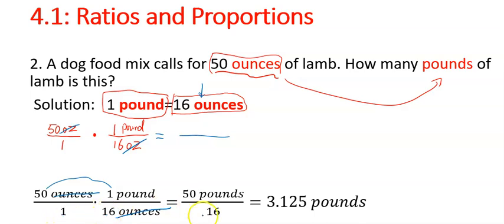The bottom 1 times 16 gives us 16, because the ounces and this unit has already been canceled. And so now, as you can see, since we canceled the ounces, but we introduced the pounds, we successfully converted ounces to pounds. And 50 pounds divided by 16, so you can do long division, or you can reduce this fraction if you want, divide both top and bottom by 2, so we get 25 over 8.